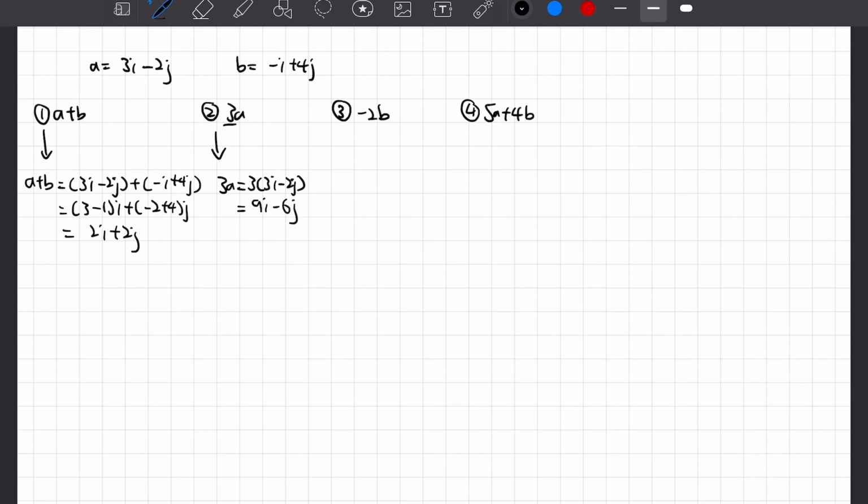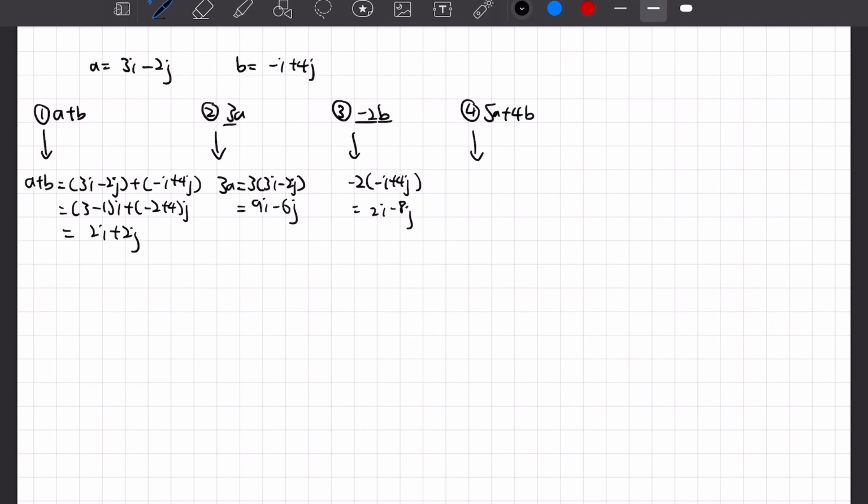Now, notice the scalar here is negative, so you have to multiply B by negative 2. So what you have is minus 2 times B, which is minus 2 times (minus i plus 4j), which is equal to 2i minus 8j.